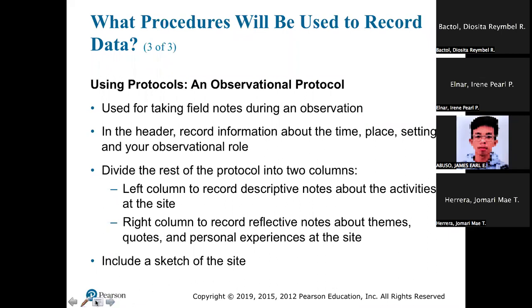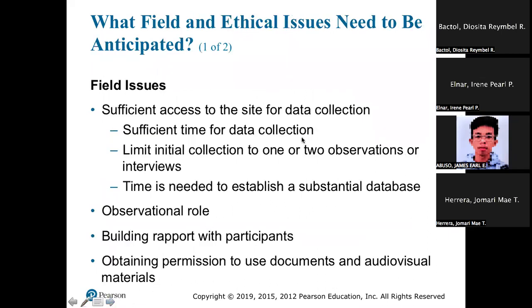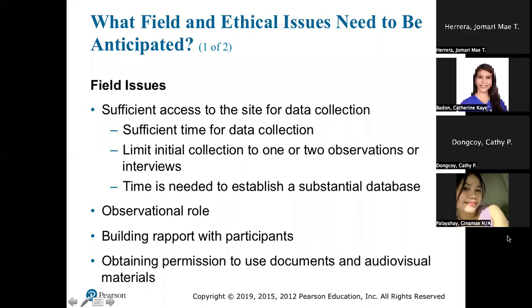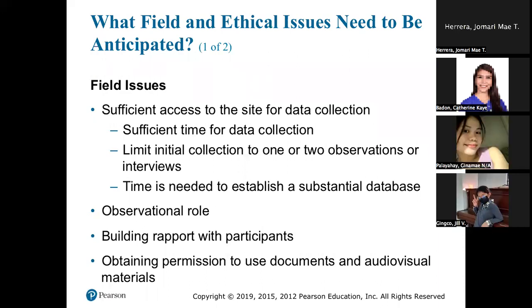Okay. Then what field and ethical issues need to be anticipated? You have the field issues. Kati Dongkoy, could you read the field issues? Yes, sir. Field issues: first is sufficient access to the site for data collection.